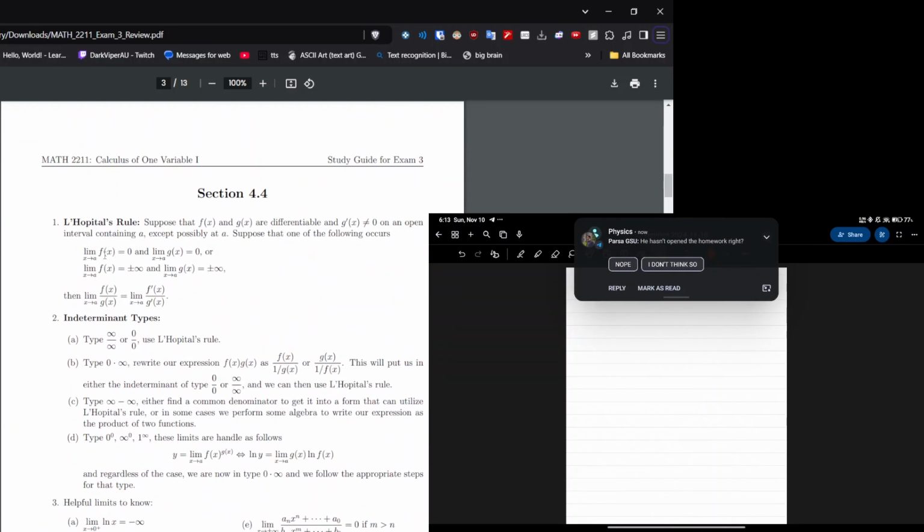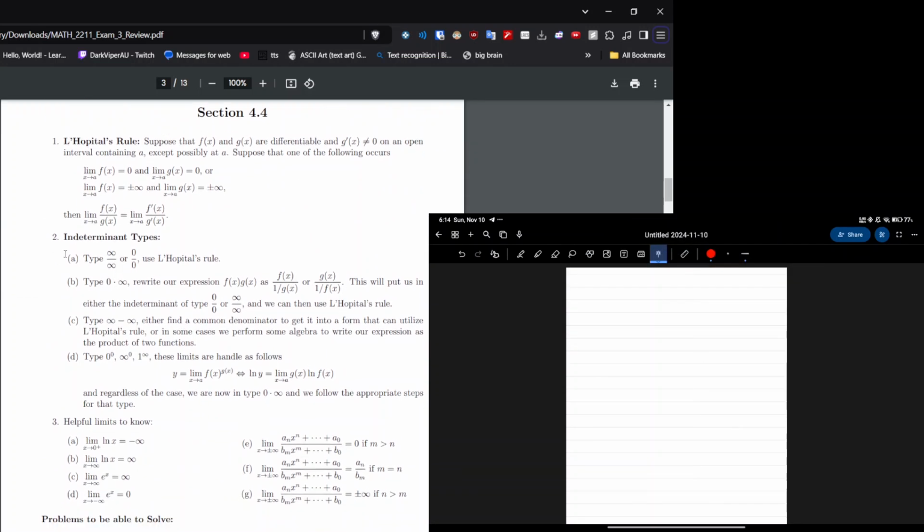L'Hopital's rule. Now that we have this one done, let's go to our second form. We would basically have 3 types of forms. The one we already did, infinite over infinite or 0 over 0, is my first type.